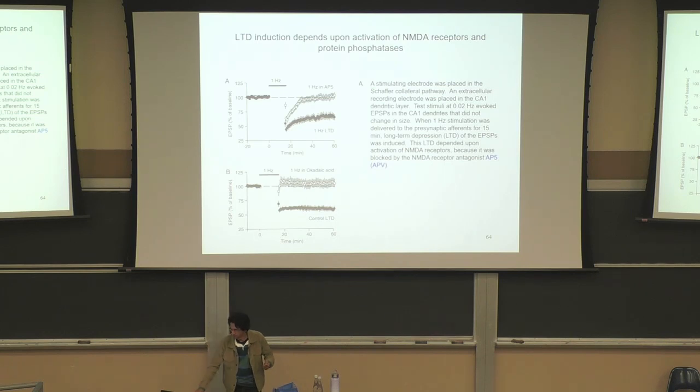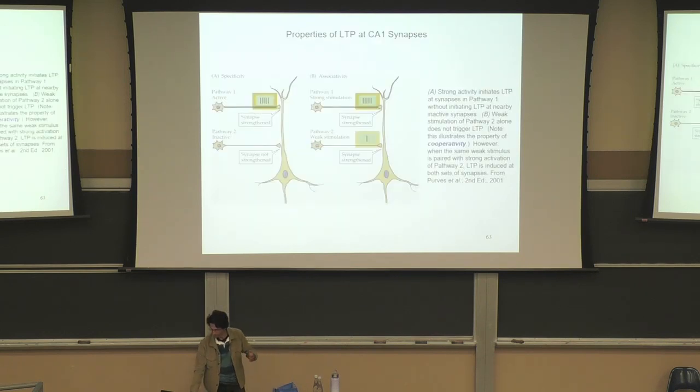Okay, so now let's go to the, also I'll just go over this second example once again because that also seemed a little complicated. So basically what's shown here is that if you strongly activate pathway 1 only, then pathway 1 only gets strengthened as we saw before, so that makes sense.